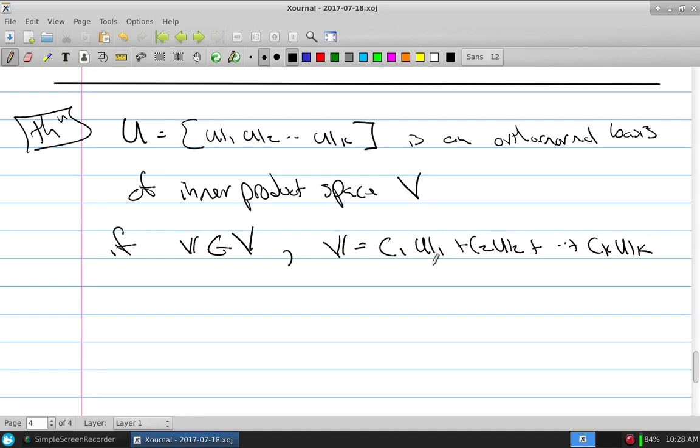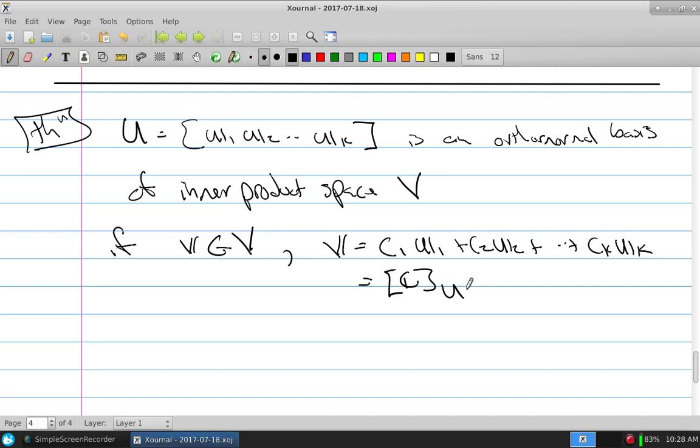Another way of writing that would be to say that these are the coefficients of that orthonormal basis, right? This linear combination is made up of the coefficients: how much of the first, how much of the second, how much of the third, how much of the last. Those how-muches form the coordinates. So these are the coordinates of that vector within this particular orthonormal basis.